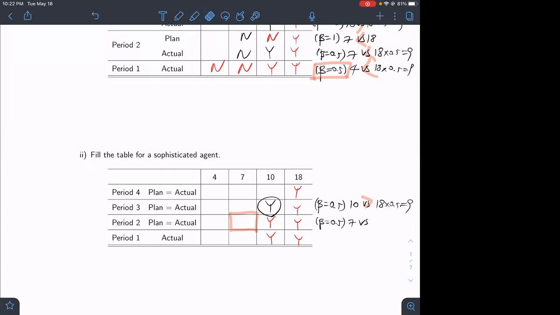So we have 10 times 0.5, which is 5. So the utility of watching the movie now is larger than watching the movie in the future. So yes, he's going to watch the movie now.